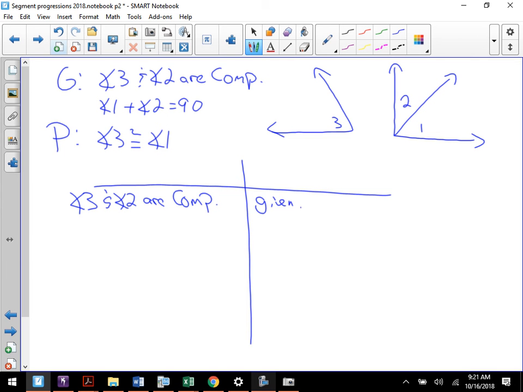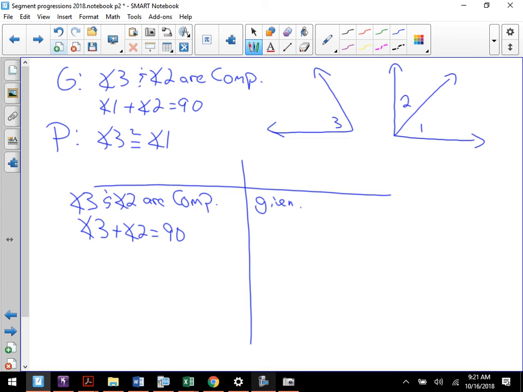All right. On your progression sheet, you guys just wrote out what to do if given complementary. What do you say? They both add to 90. So what two angles add to 90? So I would write angle 3 plus angle 2 equals 90.